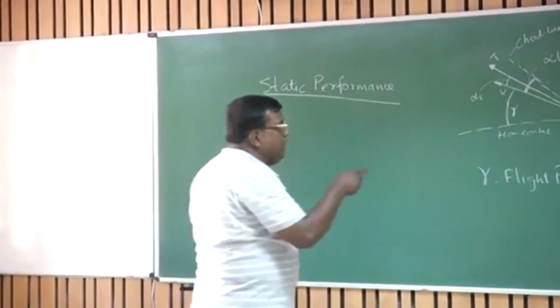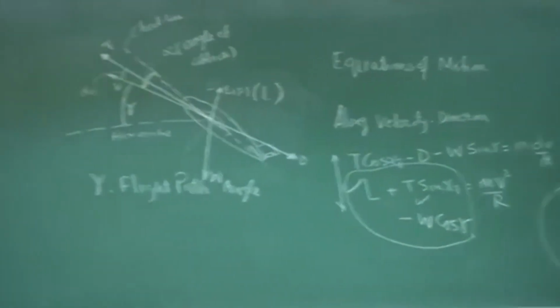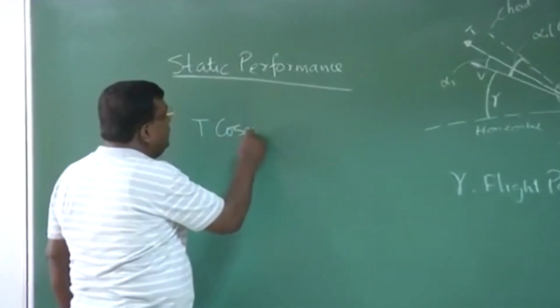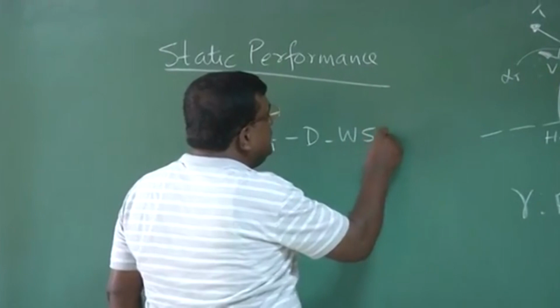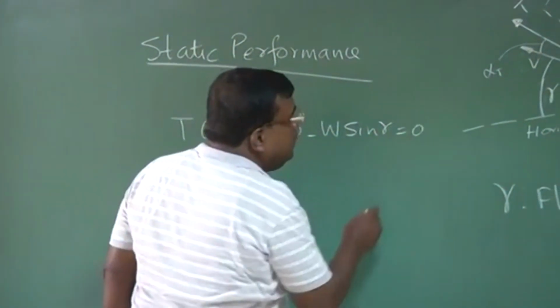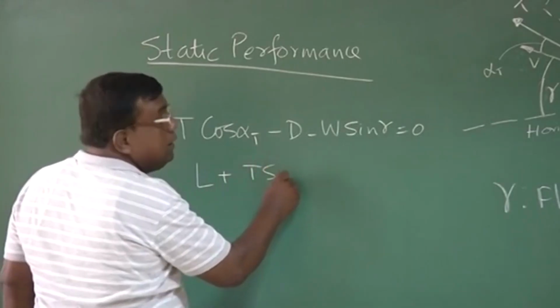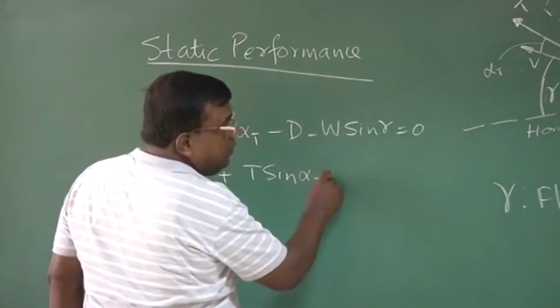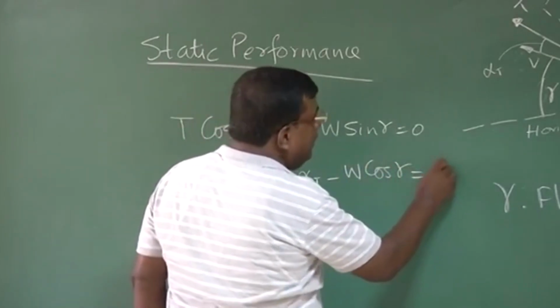So if I now come back to these two equations, the first equation for static performance becomes T cos alpha t minus D minus W sin gamma equal to 0, and the second one becomes L plus T sin alpha t minus W cos gamma equal to 0.